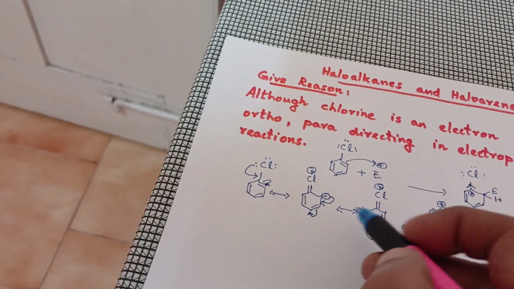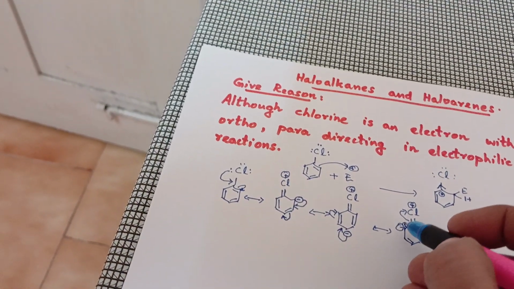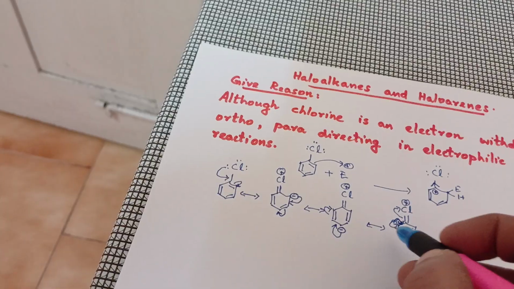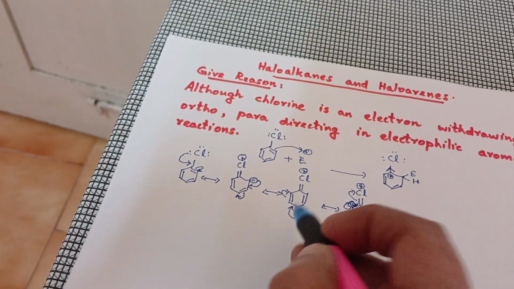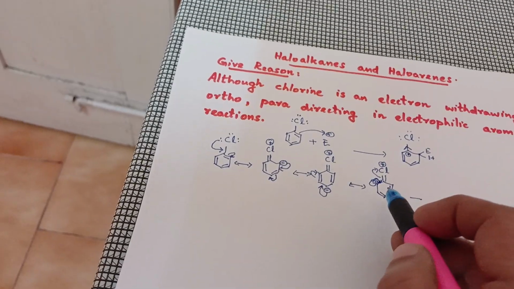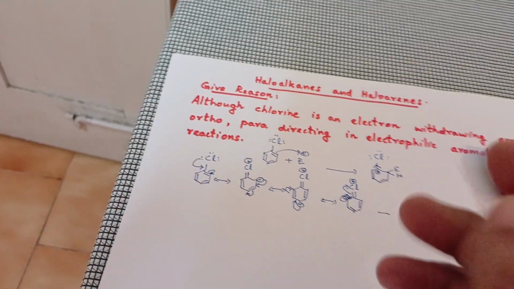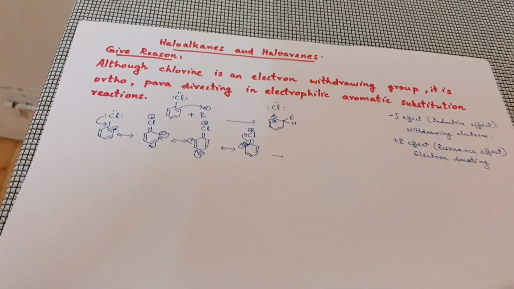So this is the ortho position, this is the ortho position. Electron density increasing at those positions and para positions also. So that is happening because of this resonance effect of the chlorine atom.